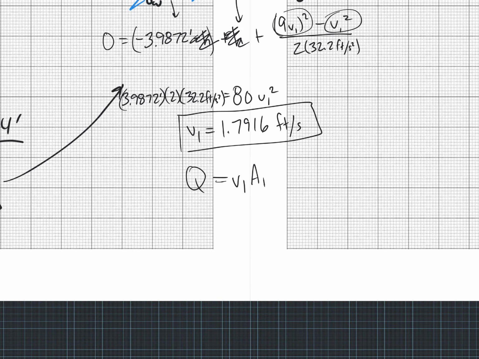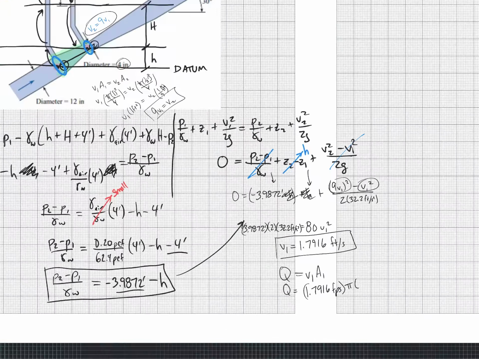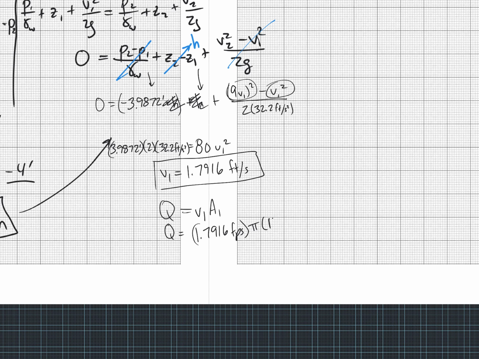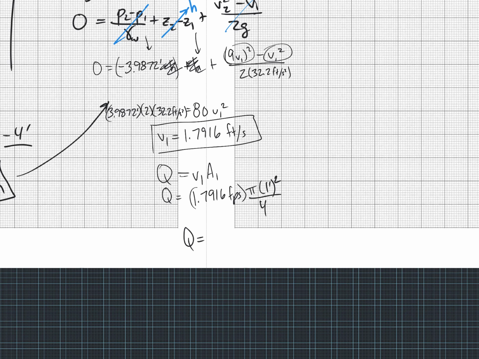I know we're making a mockery of this grid at this point. Q equals 1.7916 feet per second times the area, which is pi times the diameter, 1 foot, squared over 4. So Q equals 1.4071 cubic feet per second, so Q equals 1.41 cubic feet per second.